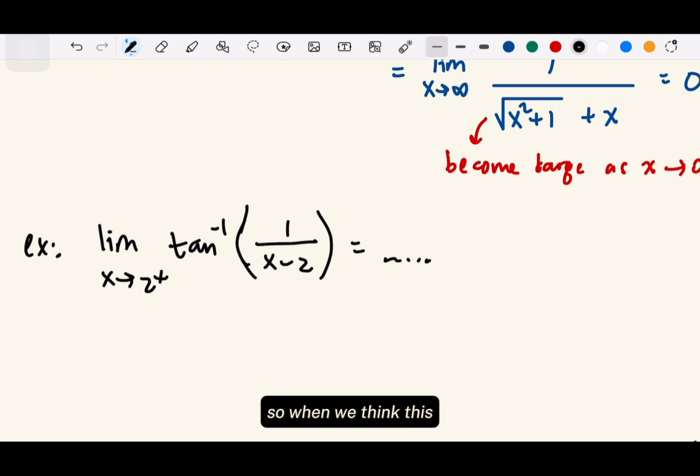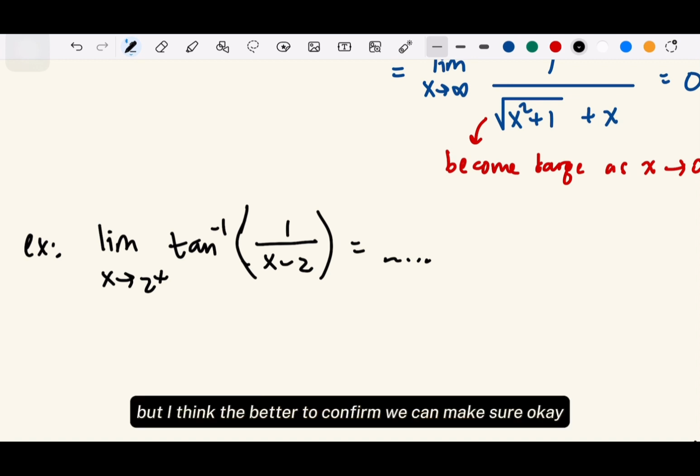So when we think of this 1 over x minus 2, it seems that this is going to be infinite, right? But I think the best way is to confirm it.